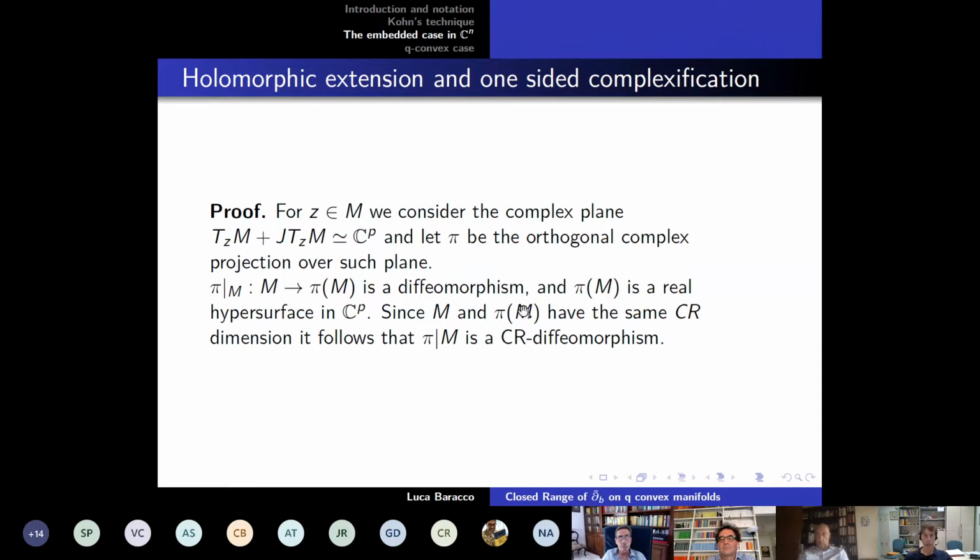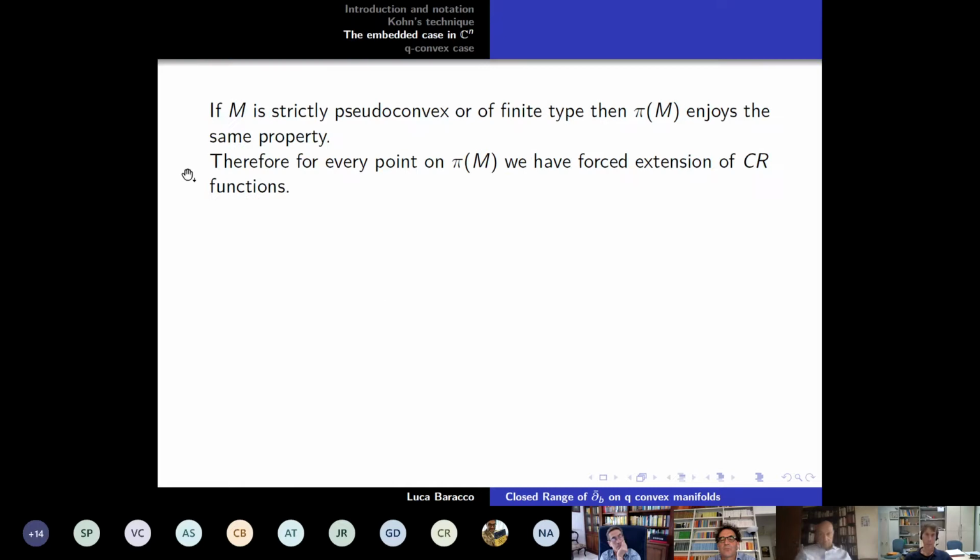Now, since M and pi of M have the same CR dimension, pi restricted to M is a CR diffeomorphism, which means that the inverse of pi is a CR map too.